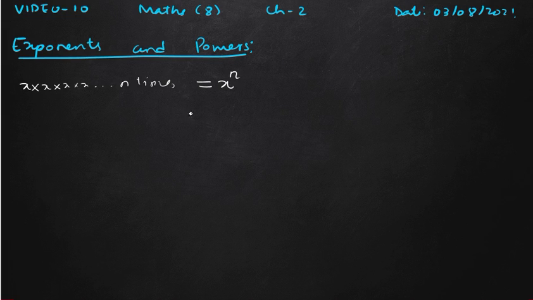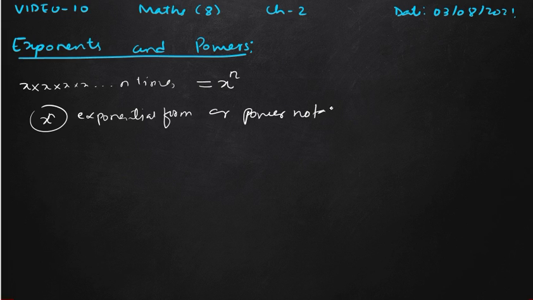This notation, x power n, is called our exponential form, or power notation. Similarly, if you multiply 2 three times, 2 into 2 into 2, it can be written as 2 power 3. If you multiply 3 two times, it can be written as 3 power 2.